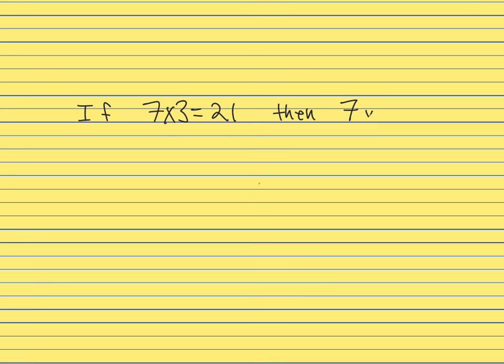That something else is going to be 30. Now, all we have just done is taken 30, which is really just 3 times 10, and multiplied it against 7.